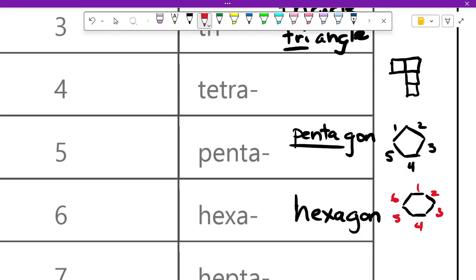Hepta is another that people have difficulty with. I kind of remember sometimes people mix up hexa and hepta. What does the number 6 have in common with hexa? Six has an X and hexa has an X. I don't know if this is helpful to you at all.